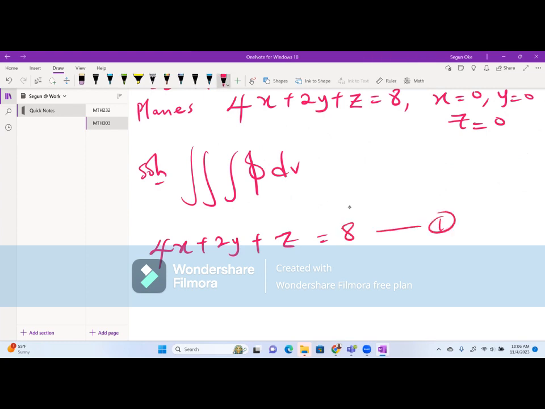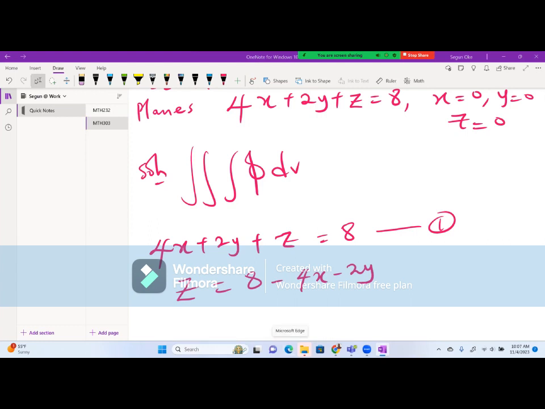Let's say equation 1. Let's find z. Our z will now equal what? z will be equal to 8 minus 4x minus 2y. So that would be our z. Are we together now?